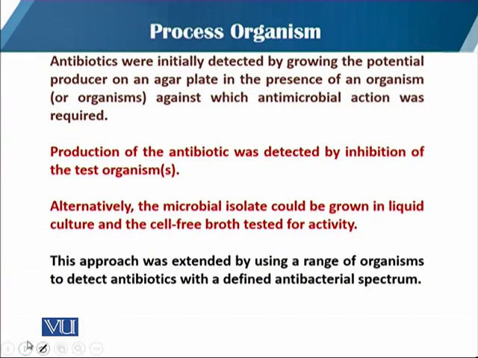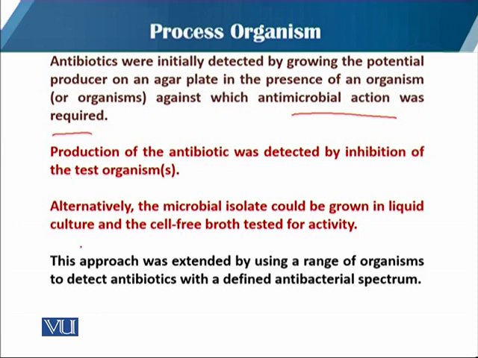As far as antibiotic screening is concerned, antibiotics were initially detected by growing the potential producer on an agar plate in the presence of the organism or organisms against which the antimicrobial action was required. The production of antibiotics was detected by the inhibition of that test organism.